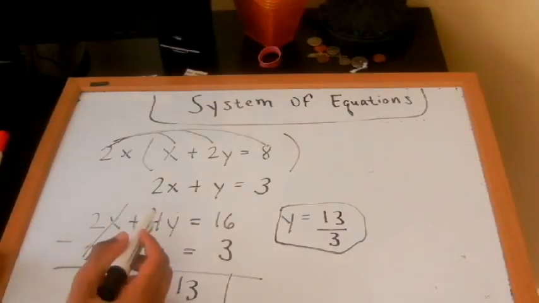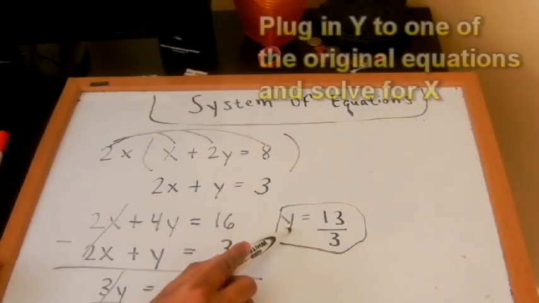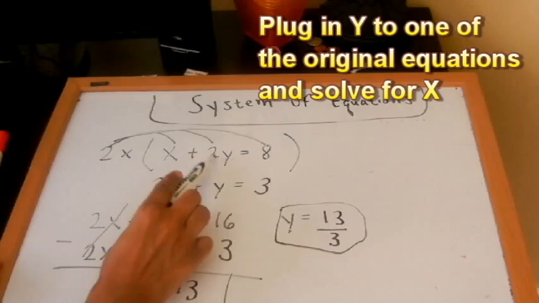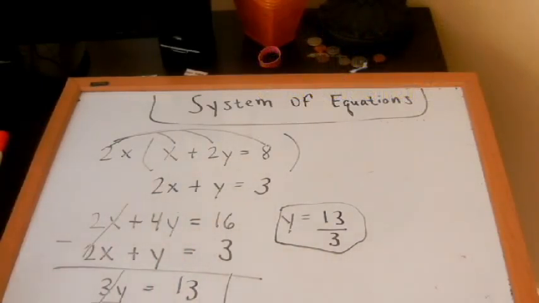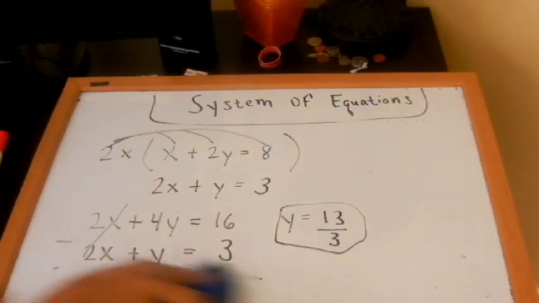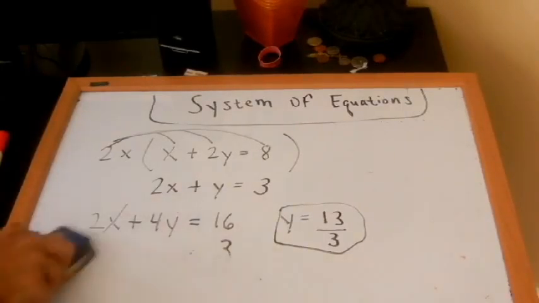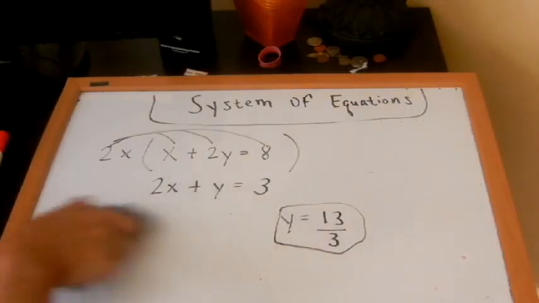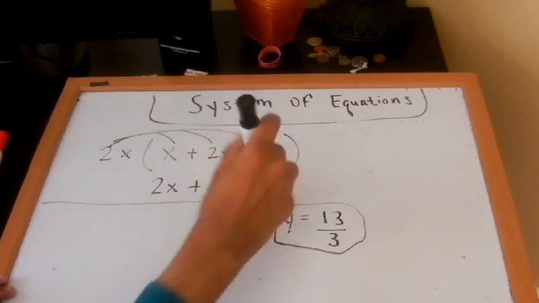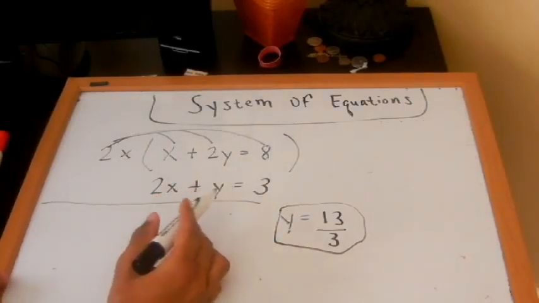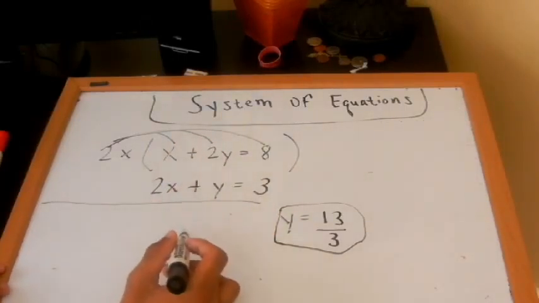So the next step would be to simply plug in our y value into one of these equations and then solve for the x variable. Simple. I'm going to choose the second equation, but you can use either one.